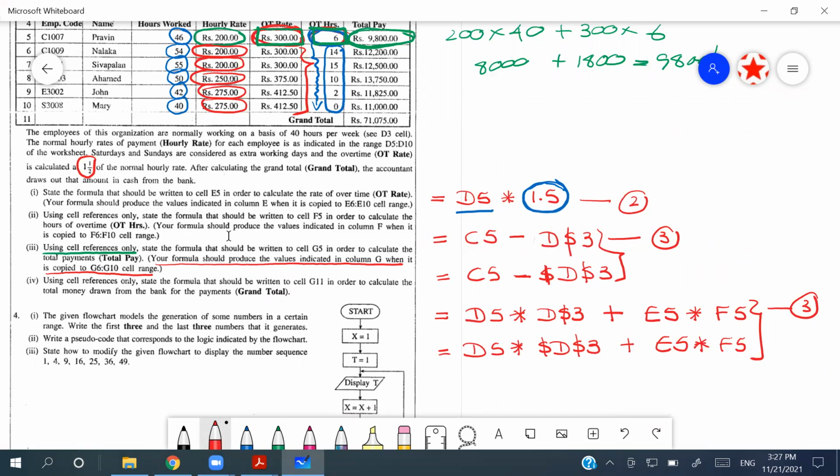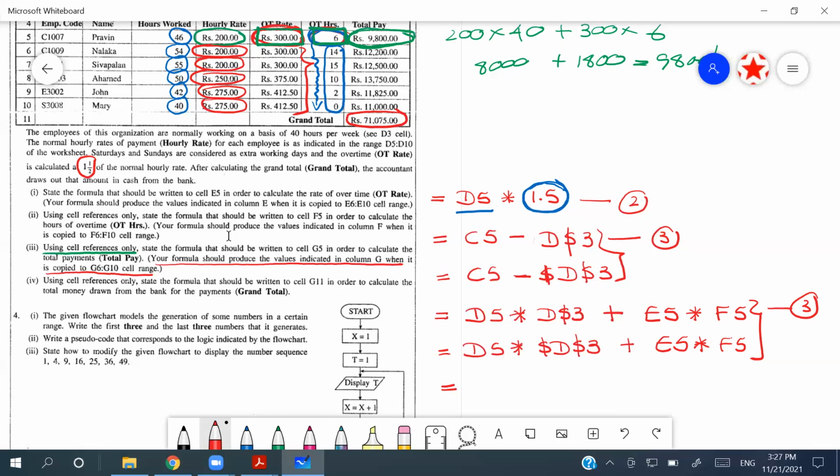And the very last one, it is asking, using cell references only, state the formula that should be written in cell G11 in order to calculate total money drawn from the bank for the payment. That means G11 means this, right? So you can have what?